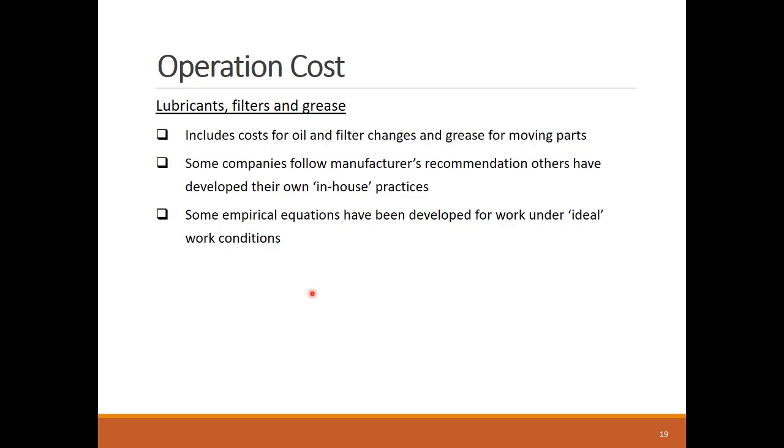In addition to fuel, the equipment operation cost includes the replacement of some consumables that deteriorate with the equipment operation. The first category of these consumables includes items that are replaced following a fixed schedule that's tied to the equipment operation hours, which include lubricants, filters, and grease.